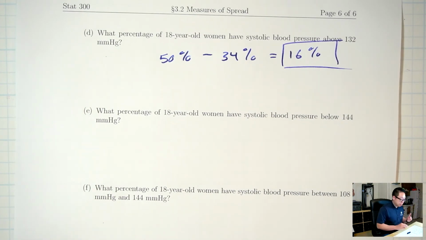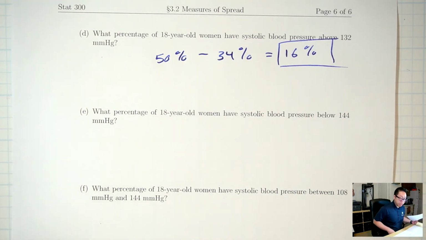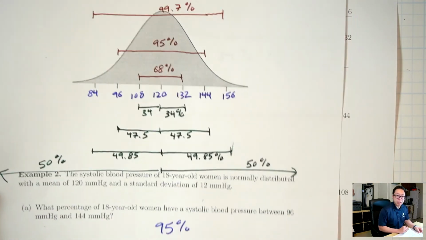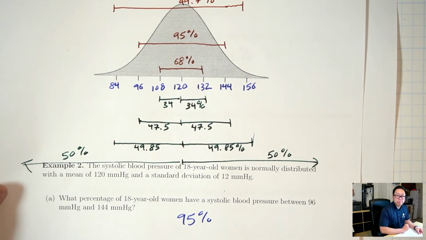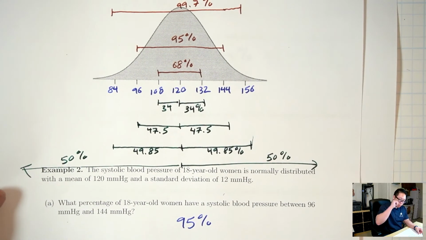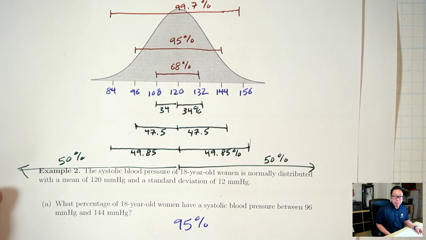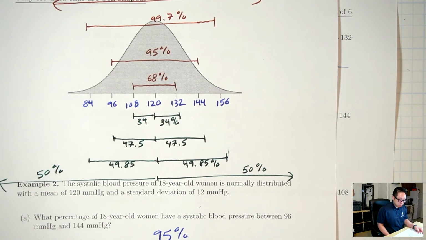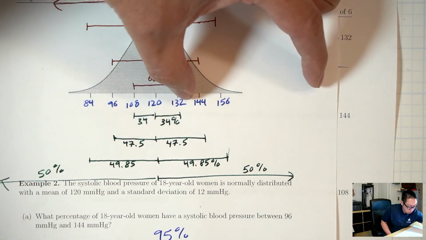Okay, now let me give you some tips here. All of these questions, parts D, E, F, G, and H, are going to involve either adding or subtracting two of these numbers down here. First of all, how do you decide which two numbers you need? One way to think about it is, I want 132 all the way to the right.